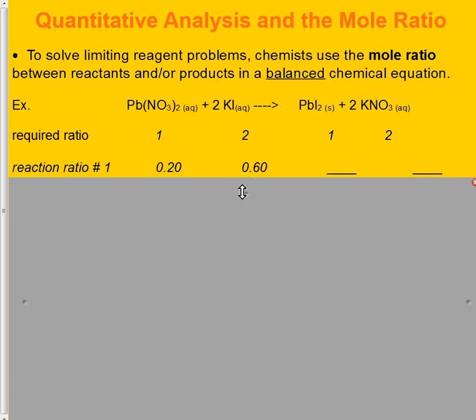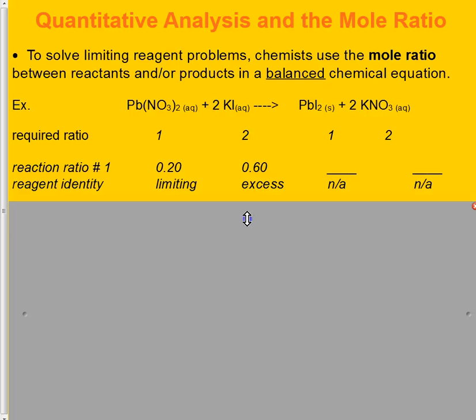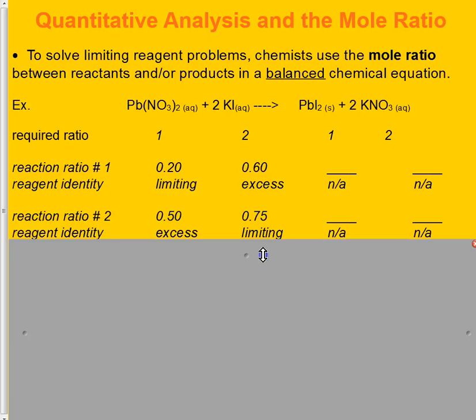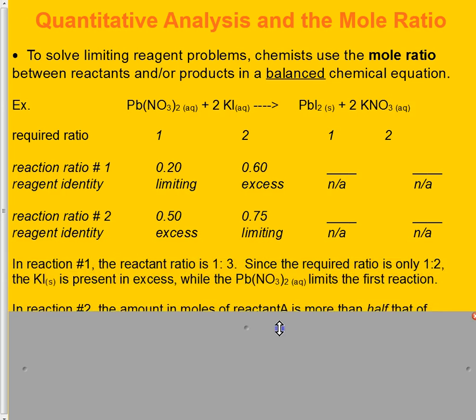So that means, and you can probably reason this out, that we have more than enough potassium iodide required to completely use up the 0.2 moles of lead 2 nitrate. And so the potassium iodide will be the excess reagent and the lead 2 nitrate will be limiting. So this is the reasoning that you would come up with. Those are the conclusions.